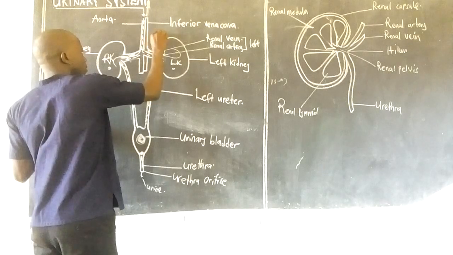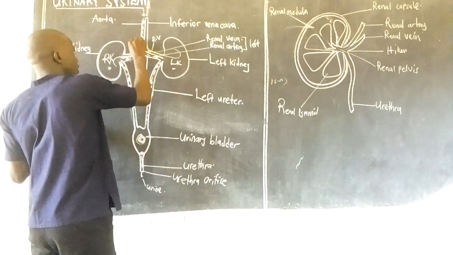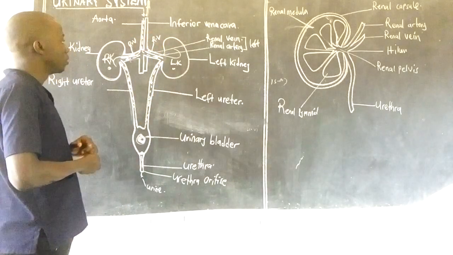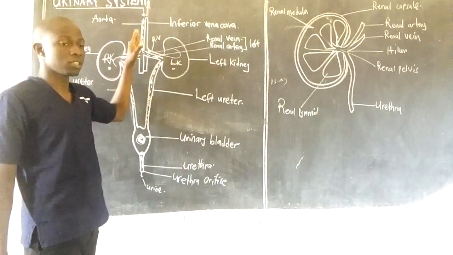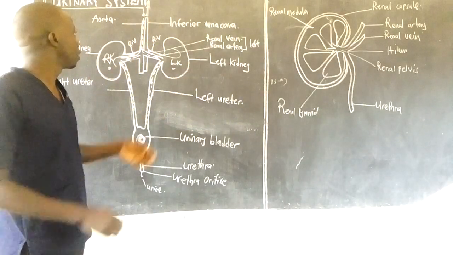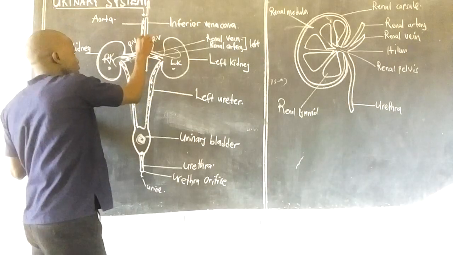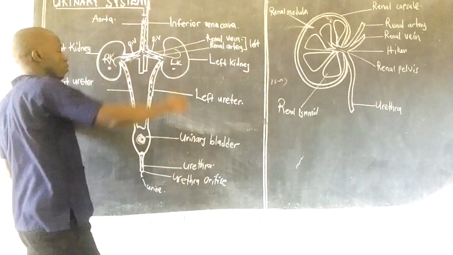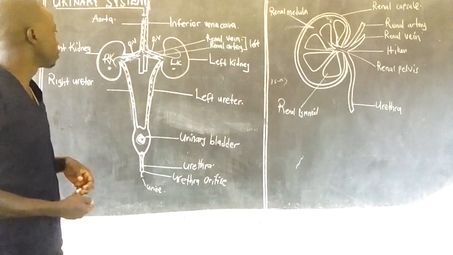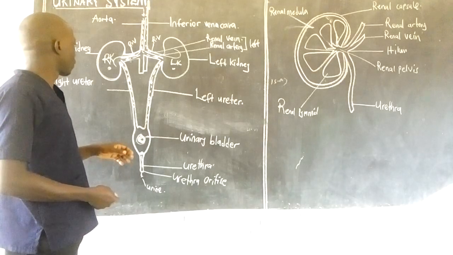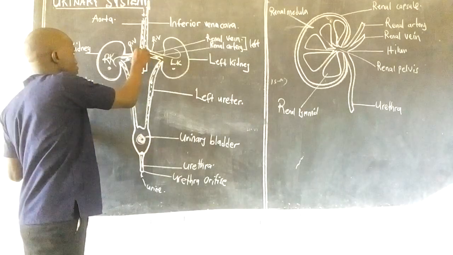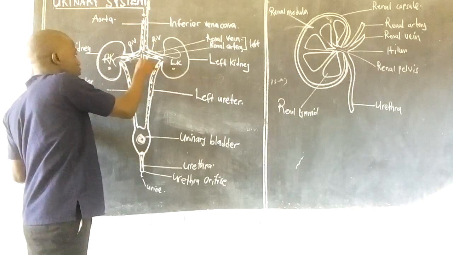So this is our renal vein, and this is our renal vein. The renal vein takes blood away from the kidneys back to the inferior vena cava for saturation. So this is a continuation of the aorta, and this is a continuation of the vena cava.